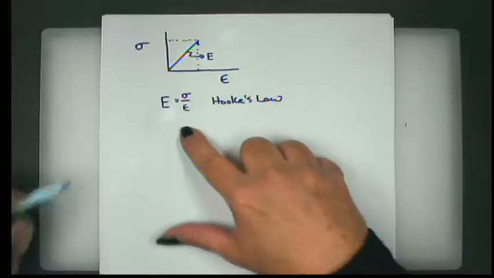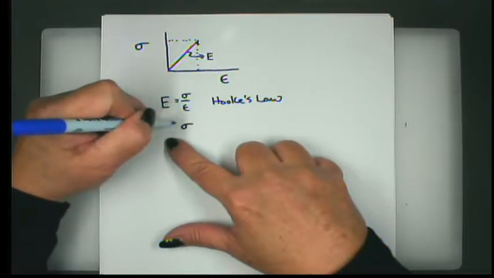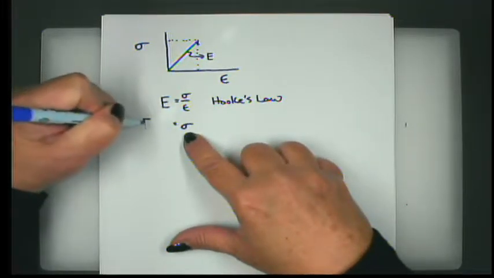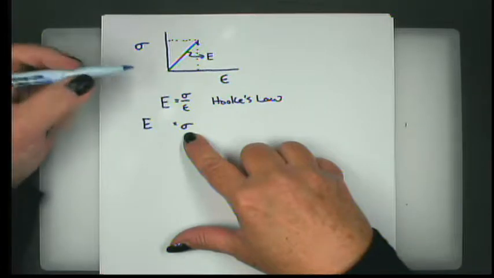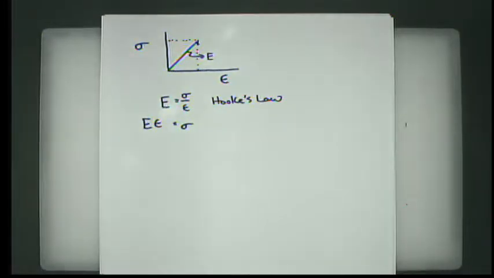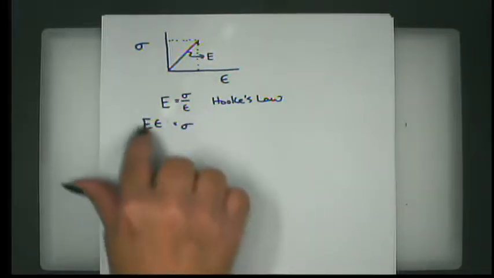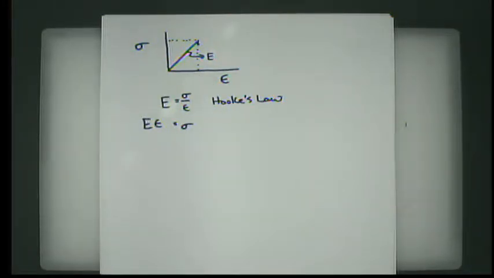We can rewrite it a little bit and say sigma, in other words normal stress, is equal to the modulus of elasticity times epsilon, which is another form of Hooke's law. And what that means is that while we're in the elastic region for a normally behaving material, we will have a linear relationship, and it's governed by the modulus of elasticity.